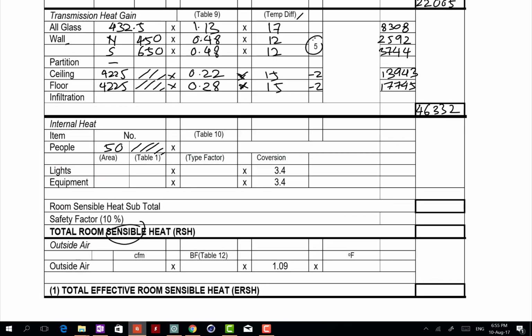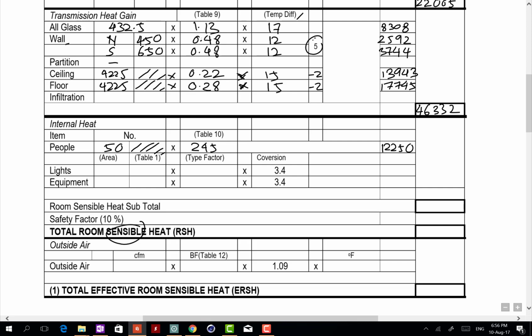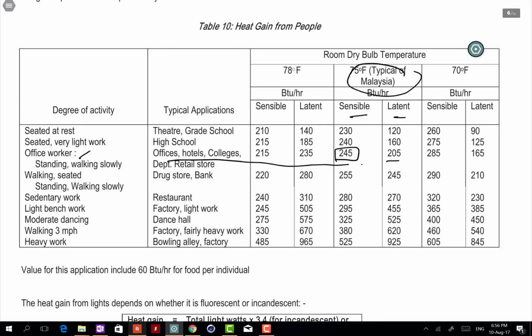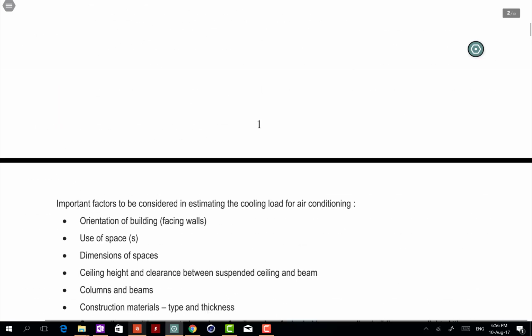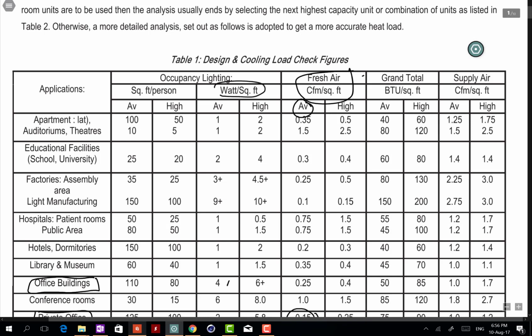Okay, here I will write 245. It will produce 12250. Alright, so the next item is light. So we use the same area as ceiling and also floor, which is 4225 area, and then you need to multiply with table 1. Okay, so table 1 basically gives you the value of watt per square feet.